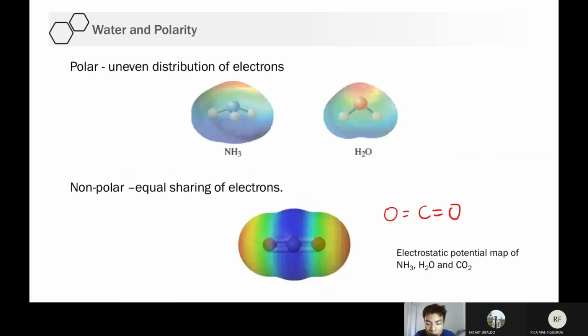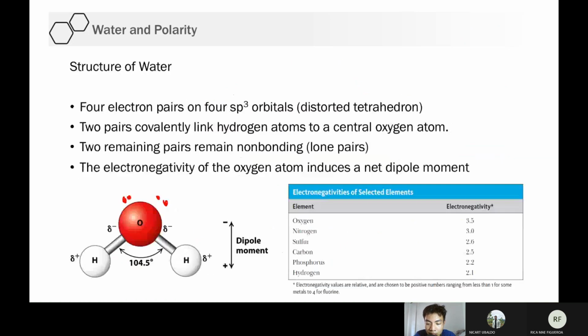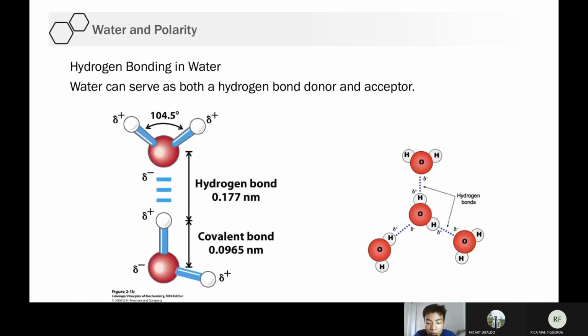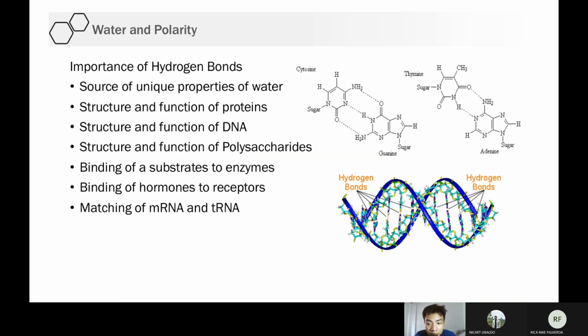So again, ano yung importance ni water sa biochem? Water can serve as H-bond donor and H-bond acceptor. So that means pwede siyang makaapekto sa iba't ibang molecules sa biochemistry na may H-bonds. No? So H-bond can determine the structure and the function of proteins, yung sa DNA, polysaccharides, no?